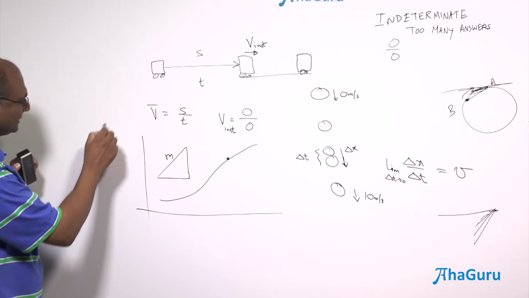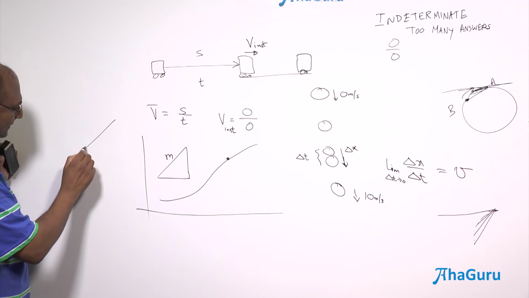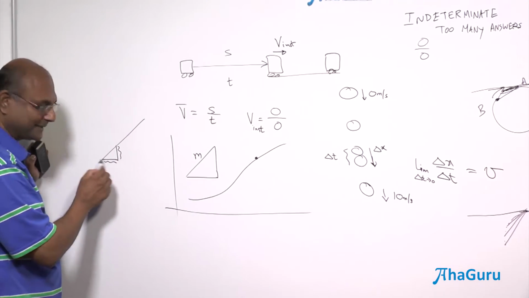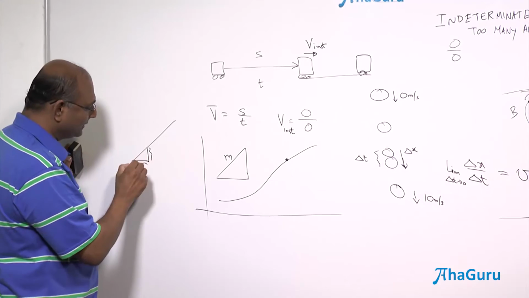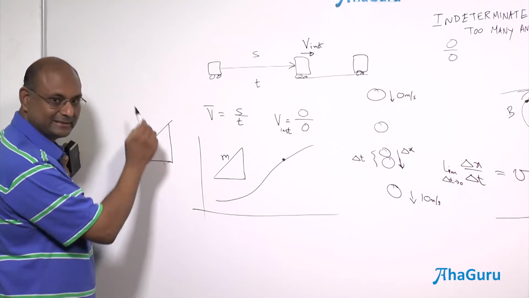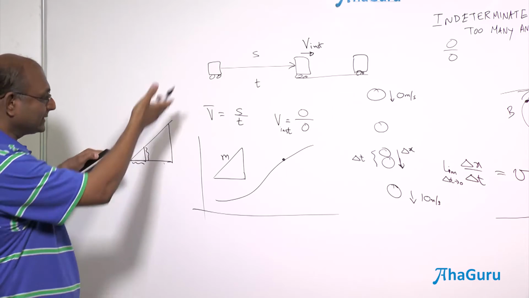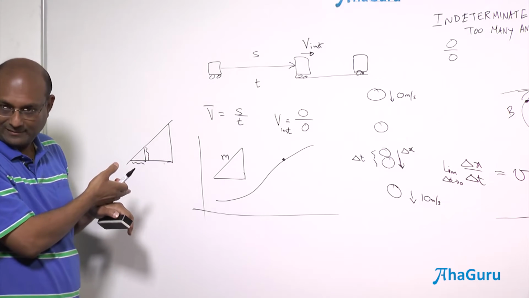But the great advantage of a straight line is if I did this much change in y and this much change in x, or I did this much change in x and that much change in y, this by that is equal to this by this, because it is a straight line, similar triangles, right?